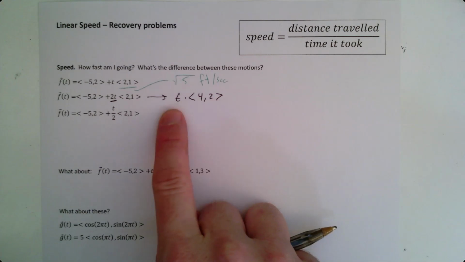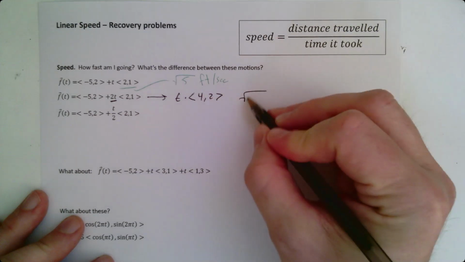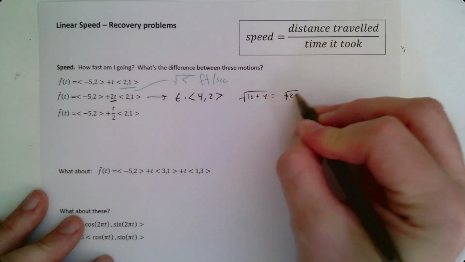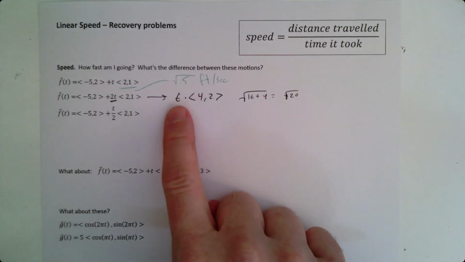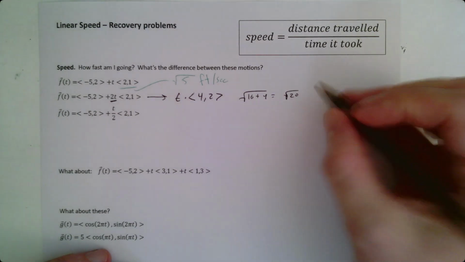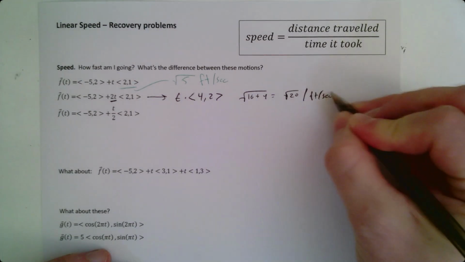If time is 1, that vector has a length that is 4 squared, which is 16, plus 2 squared, which is 4, so its length is root 20. So that means every single time t goes up by 1, I move along that vector whose length is root 20. So I should be going root 20 feet per second.